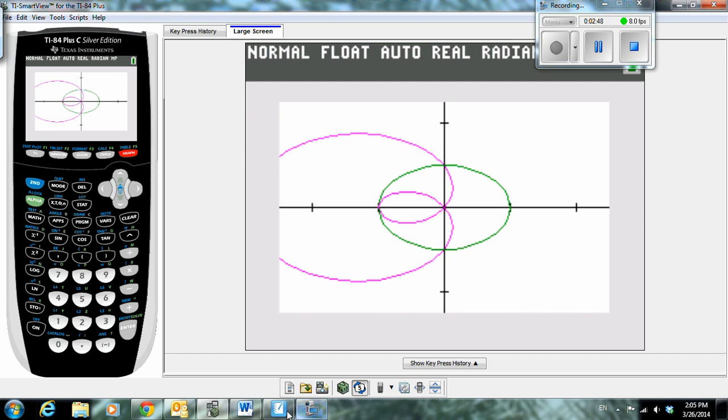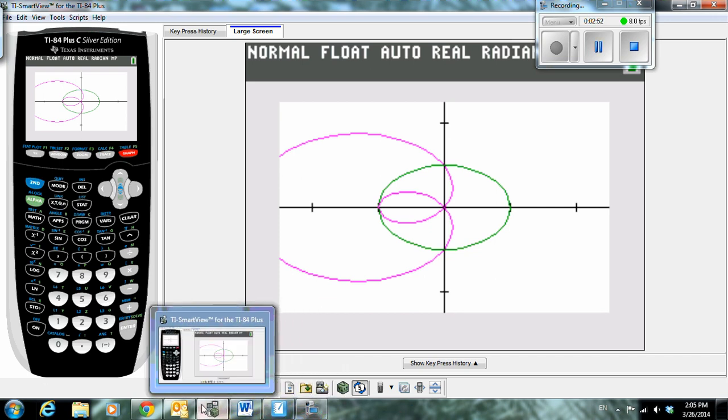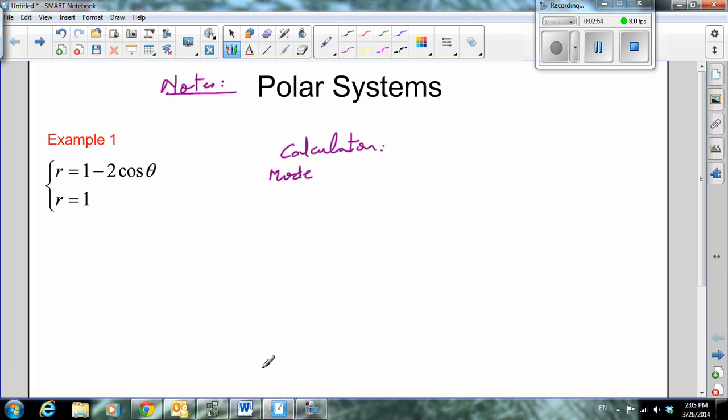So in order for us to solve this, let's go ahead and do it now algebraically. To solve this algebraically, since r is equal to 1, I will say 1 is therefore equal to 1 minus 2 cosine of theta. Subtract 1 from both sides to get 0 is equal to negative 2 cosine theta. And divide both sides by negative 2 to get 0 is equal to the cosine of theta.